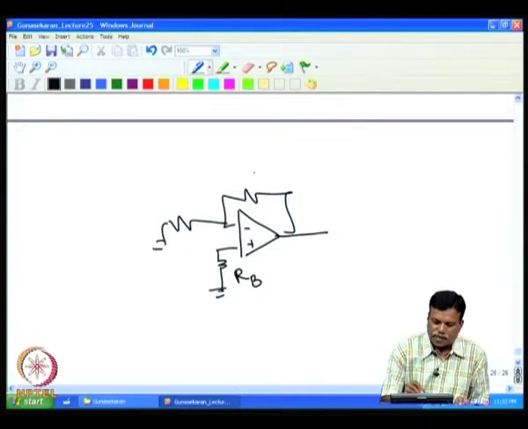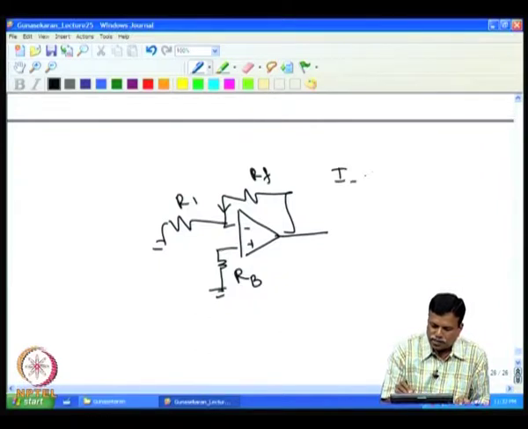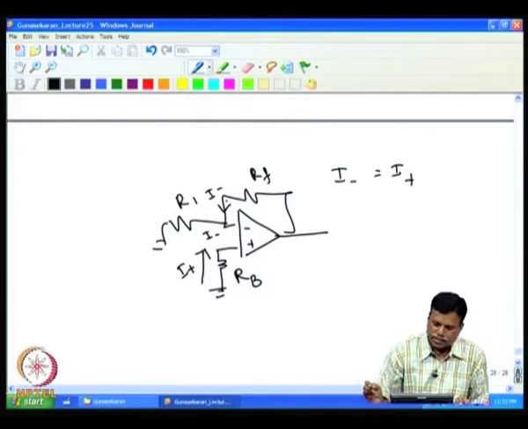Because of the bias current we had shown earlier, the current flowing into the input terminals of the op amp actually flows through this from the output, and we assumed I minus equal to I plus. If I minus equals I plus, then if I add this resistance, I plus is flowing here, and I minus is flowing here.